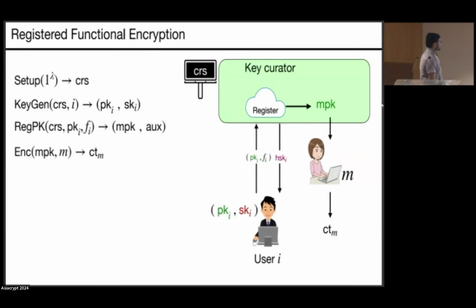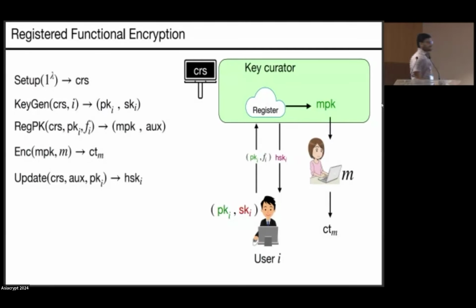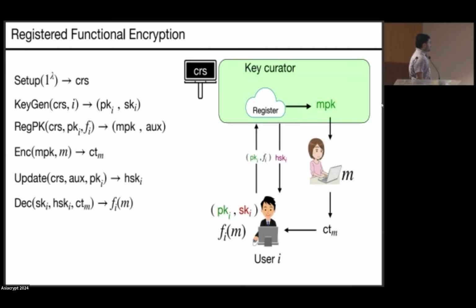Encryption is done as before, but whenever a new user joins the system, the MPK is updated. Therefore, each user in the system must get a helper decryption key from the key curator, and it needs periodic updating. Now, decrypting a ciphertext requires the knowledge of the secret key as well as the helper decryption key of the user.